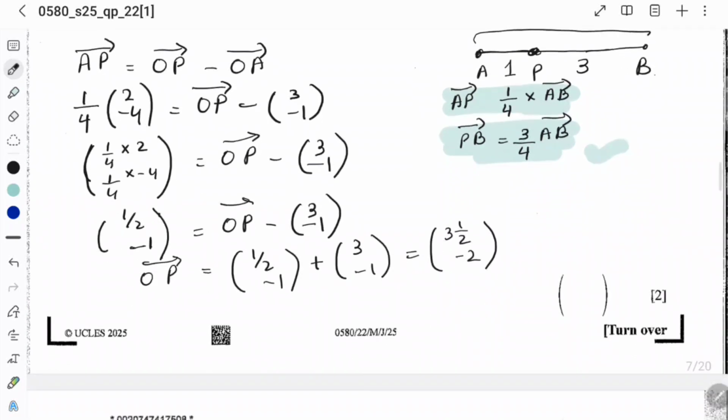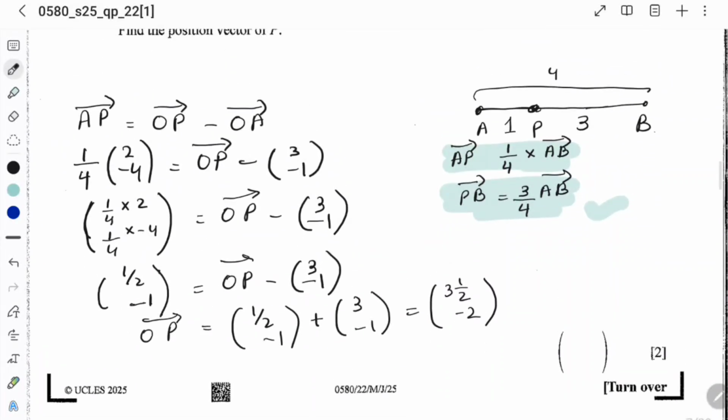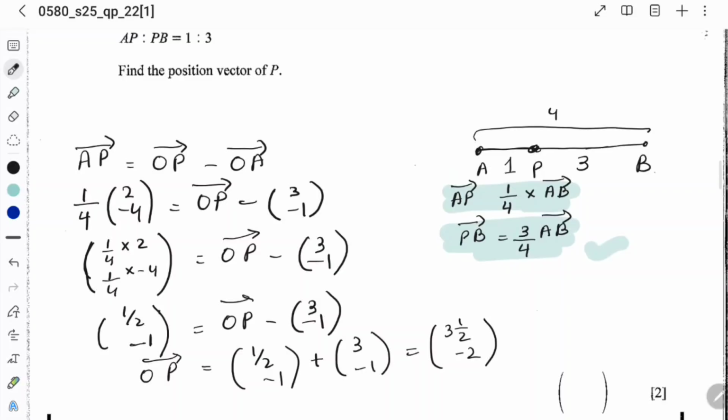And if you are using PB, maybe like we found the value of B there, in that case you do PB is equal to OB minus OP. Then P coordinate 5 minus 5, and in place of PB you write down 3/4 of AB, and this way also you will get the answer, which is very simple and easy.